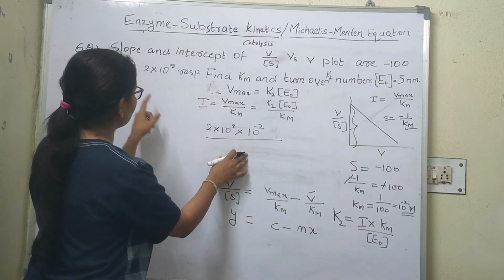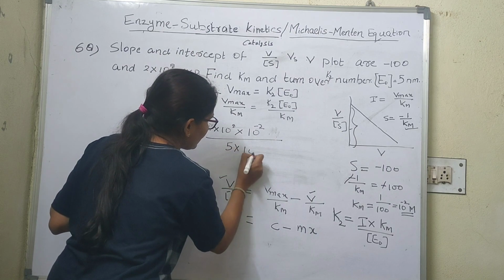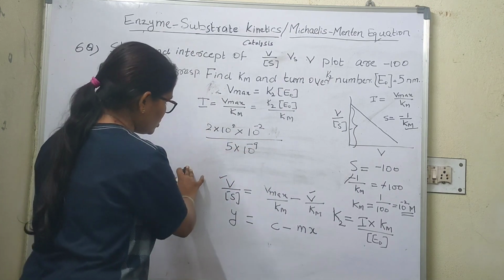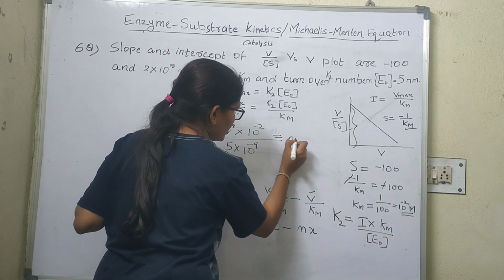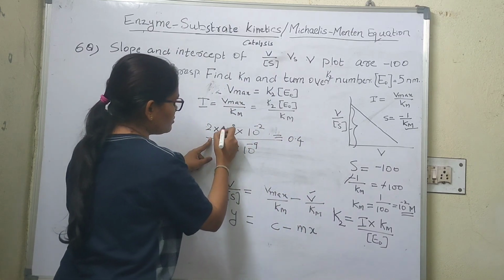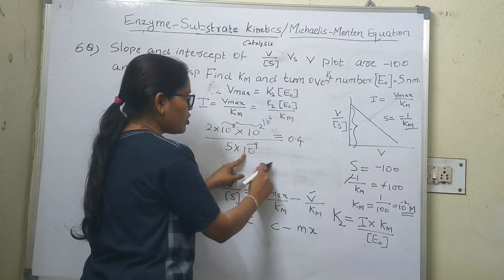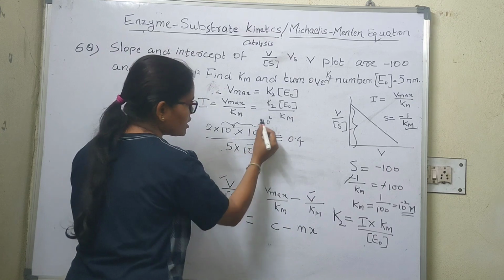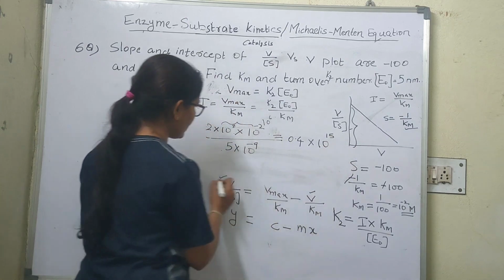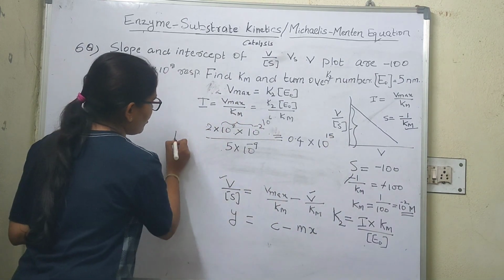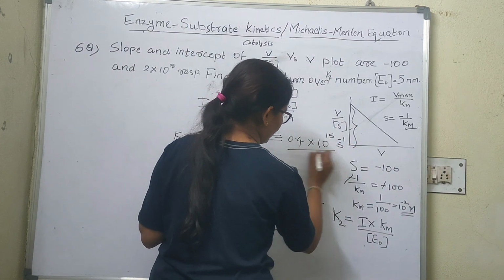The initial concentration of enzyme is 5 nanomolar, so that becomes 5 into 10 power minus 9. 2 by 5 becomes 0.4, and 10 power 8 into 10 power minus 2 is 10 power 6. When 10 power minus 9 goes to the numerator, it becomes 10 power 6 plus 9, that is 10 power 15. We know that the unit of K2 is time inverse, that is second inverse.